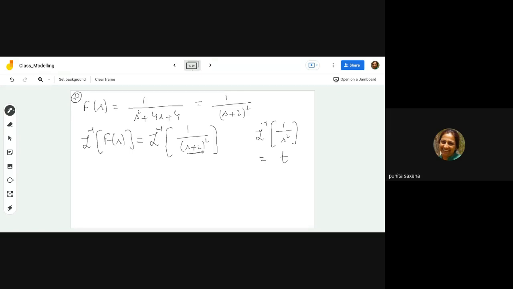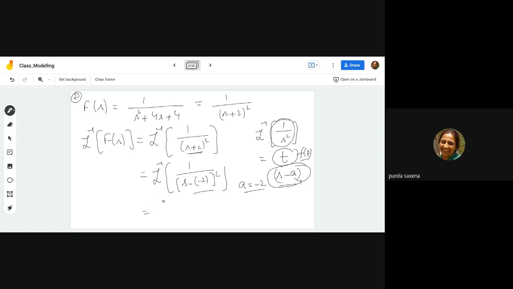So isn't it something like 1 upon (s minus minus 2) whole square? Because I want s minus a. I have a result for s minus a, so I just have to identify my a. How much is your a? Minus 2.